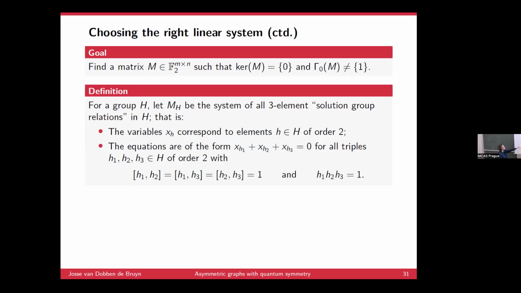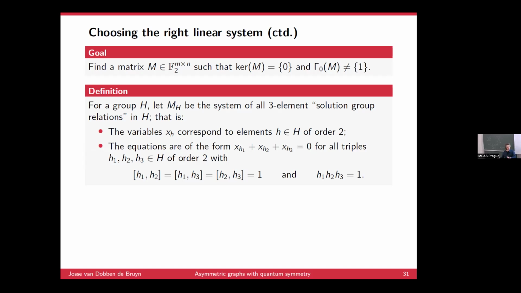So we look at all elements of order 2 in H. For each of them we get a variable x_h of the linear system. And then we get an equation like this: if you have some triple h1, h2, h3, they pairwise commute and they multiply to 1.